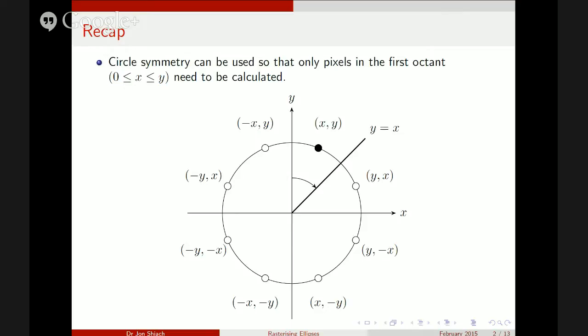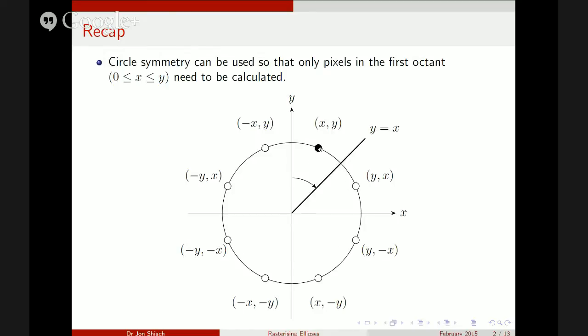Basically this means if I calculate a point on the circle in this first option, starting at the 12 o'clock position, I only need to go around until y equals x to calculate this point here. If I know what x and y is, I can use symmetry to calculate points on the 7 other options, so points on the circle.